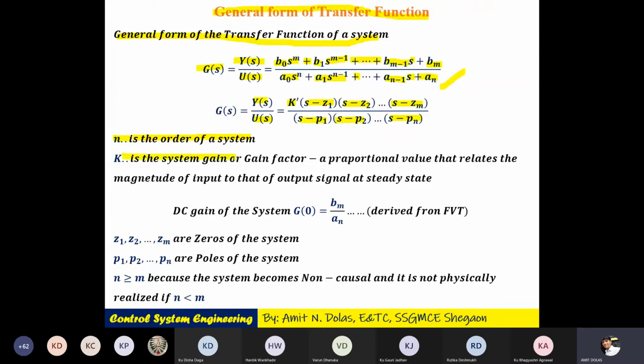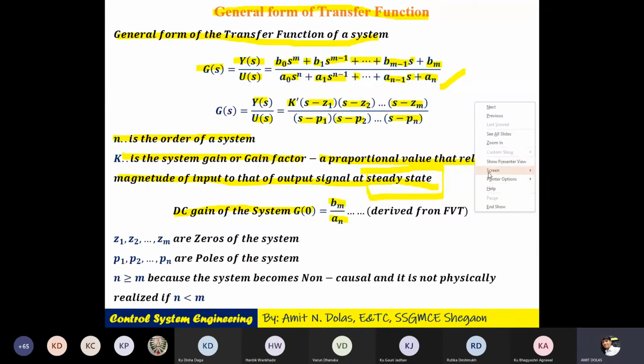K is the system gain or gain factor, a proportional value that relates the magnitude of input to that of the output signal at steady state. This is very important, at steady state. While solving problems, it will get more clear. DC gain is nothing but we put s equal to 0 everywhere. So DC gain is G of 0, which equals Bm by An.